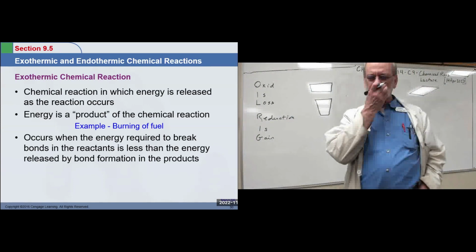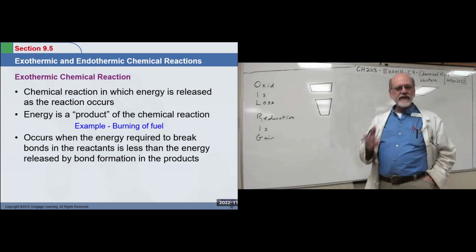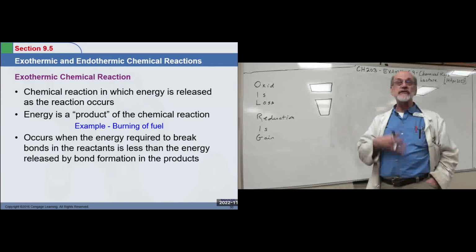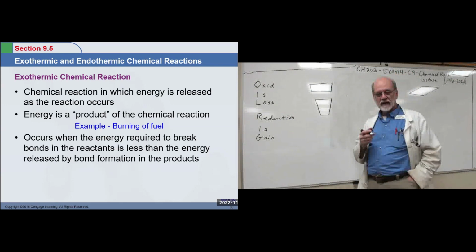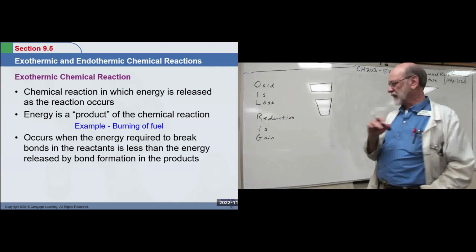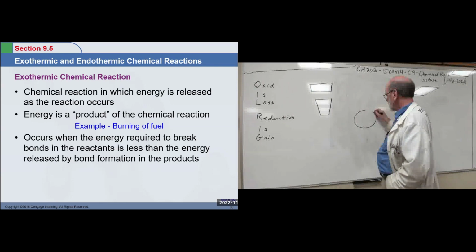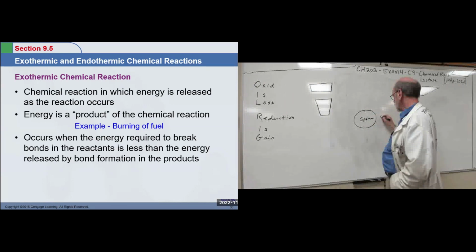Now let's talk a little bit about thermochemistry. An exothermic reaction is one that gets hot. In other words, it produces energy from the reaction. And it's useful to think of a reaction in terms of system and surroundings.